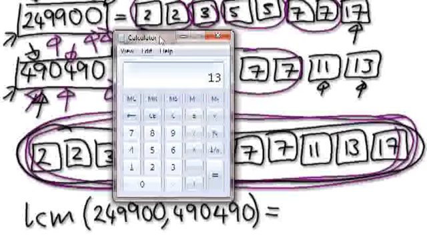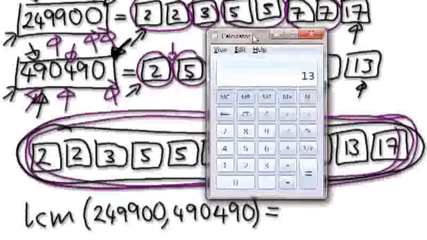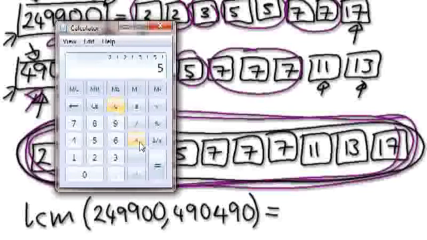So it will be 2 times 2 times 3 times 5 times 5, and then times 7 times 7 times 11 times 13 times 17.